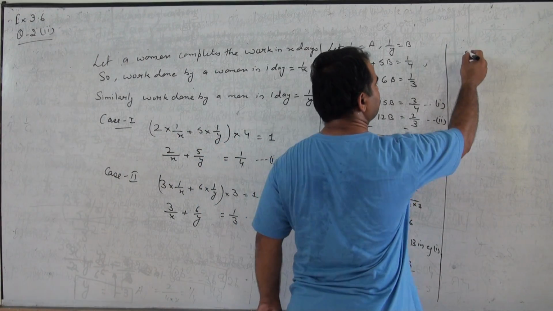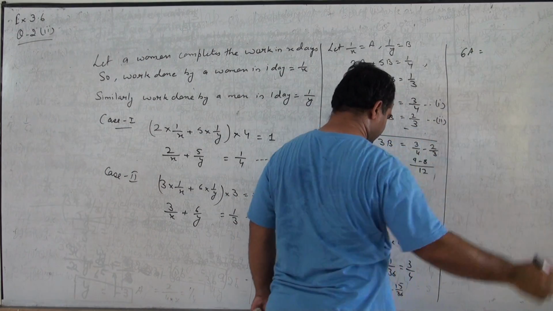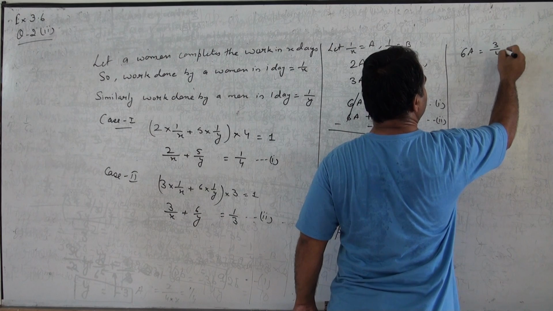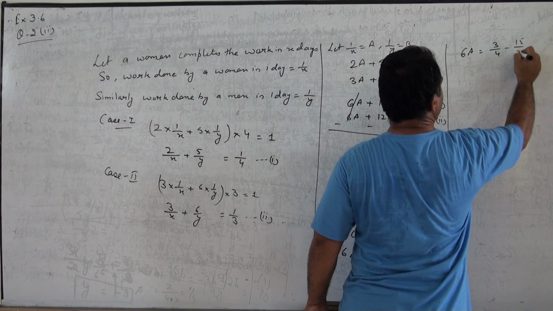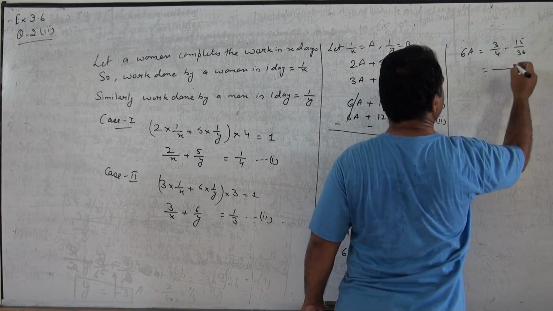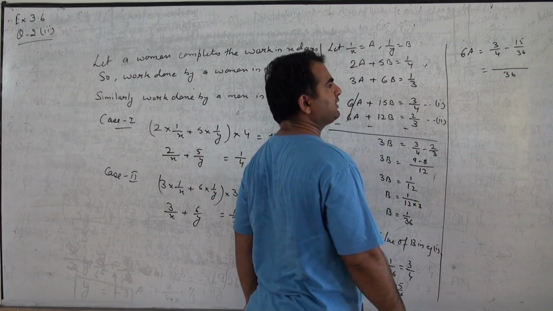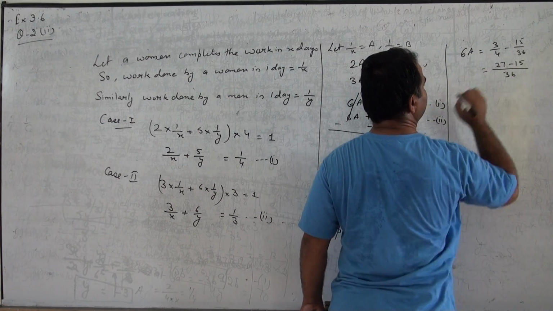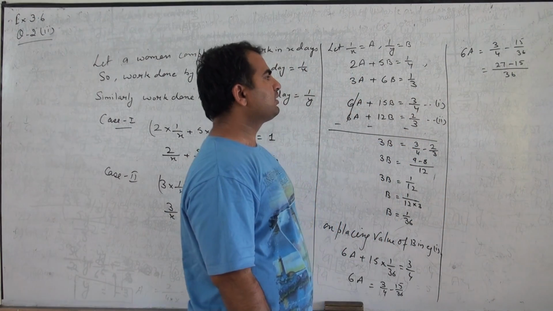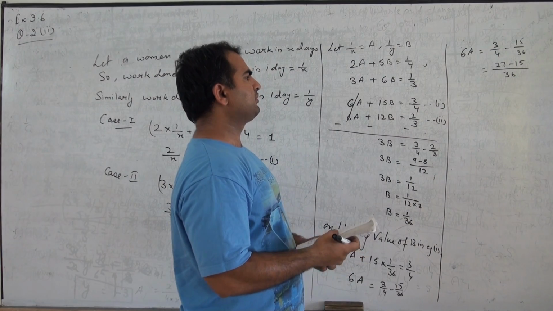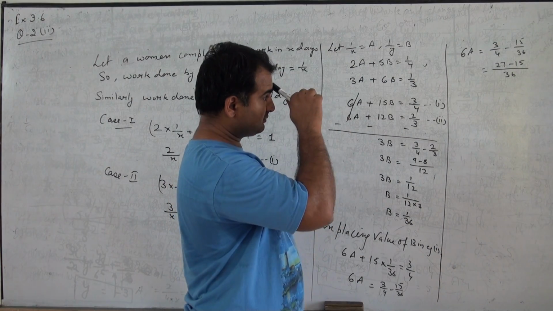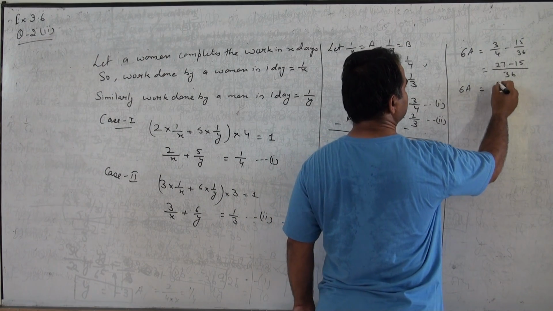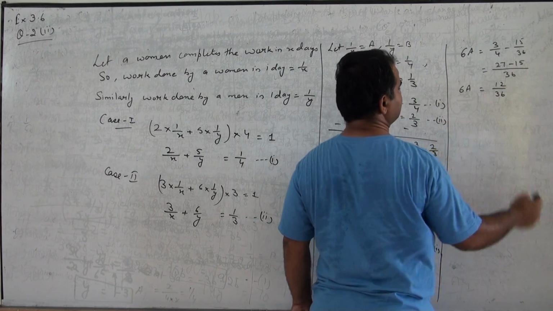Now we can take the LCM of it. So 6a equals 3 upon 4 minus 15 upon 36. The LCM will be 36. It will be 27 minus 15. What is 27 minus 15? 27 minus 15 is 12. 6a equals 12 upon 36.